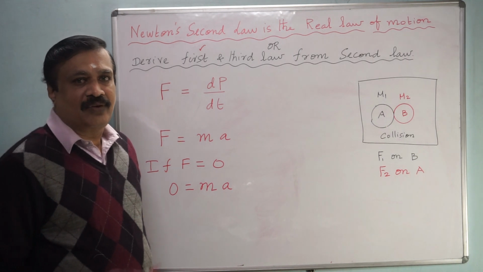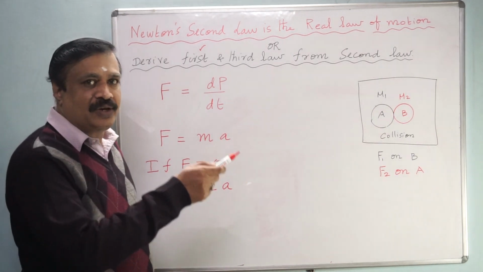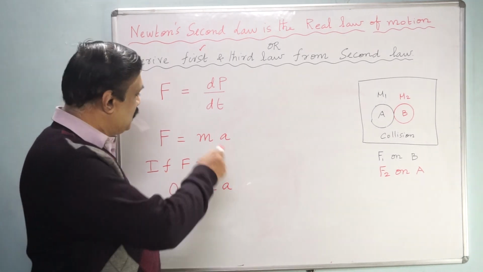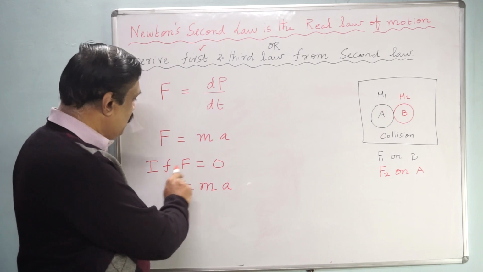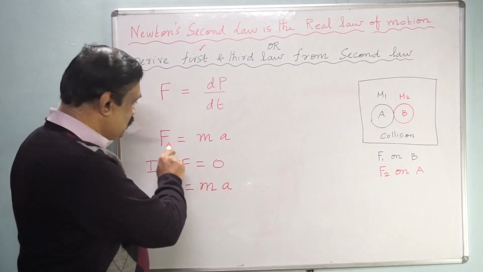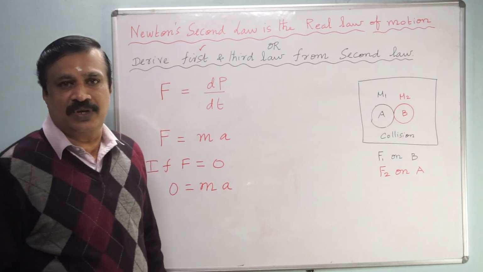We are first defining the second law. After that, we are applying the second law to the first law. Now, when there is no force, F is equal to 0. Therefore, mass into acceleration is equal to 0.